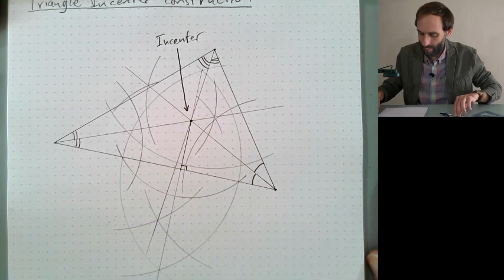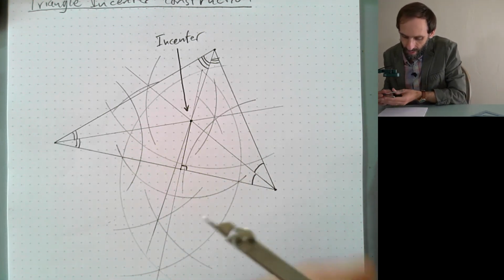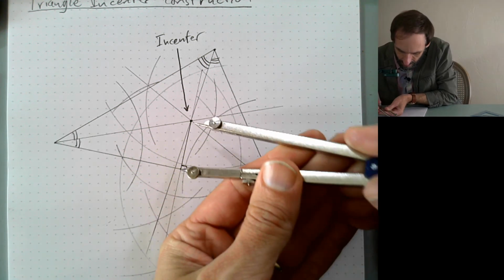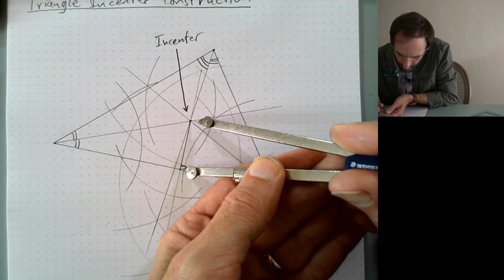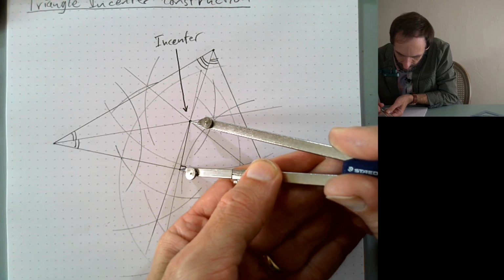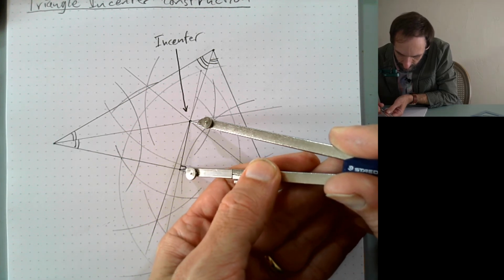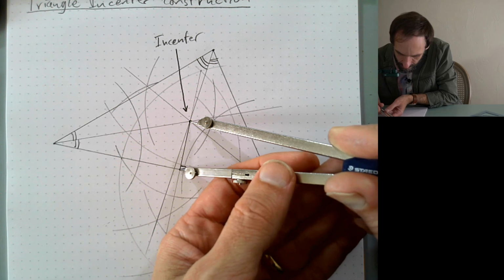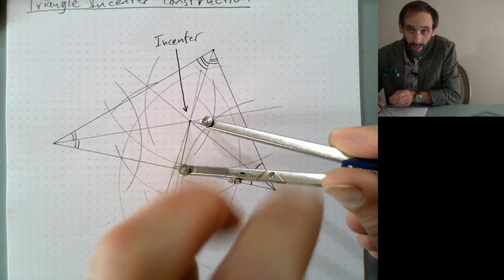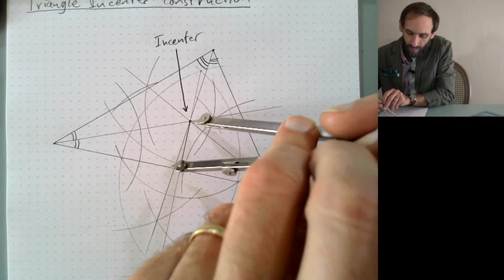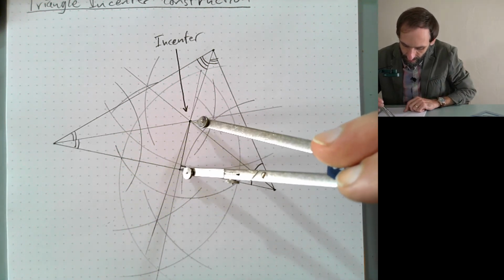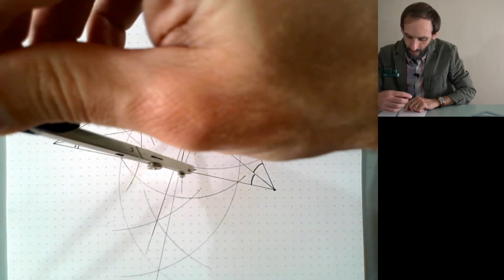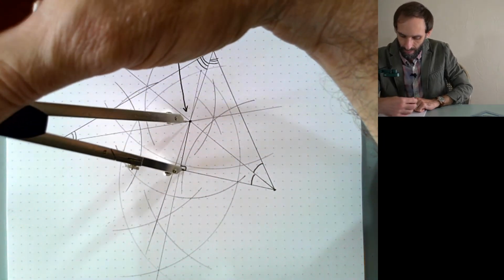So now I'm going to set the compass to be the distance from the incenter to this point, which is the radius of the incircle. And I'm going to draw a complete circle. And this circle is also going to tell me how good of a job I did on my construction. Because if it perfectly, sort of kisses all three sides of the triangle, then I'll know I've done a good job. So let's go ahead and do that.